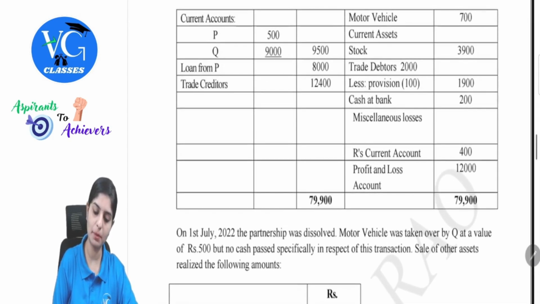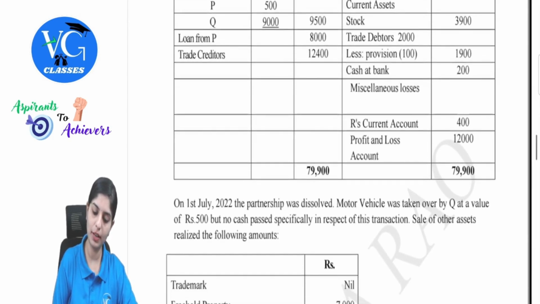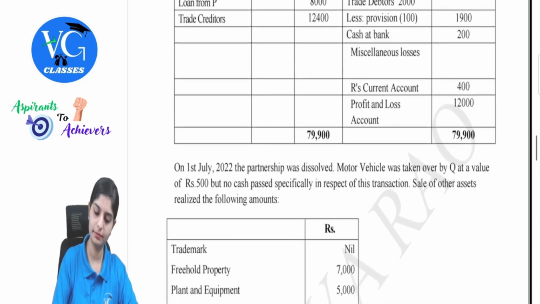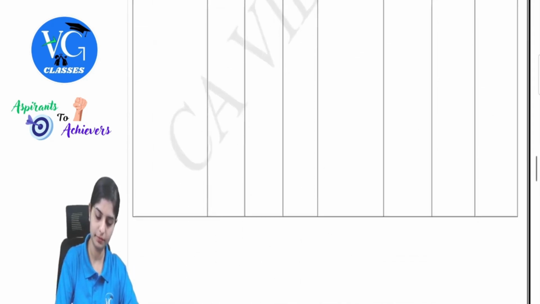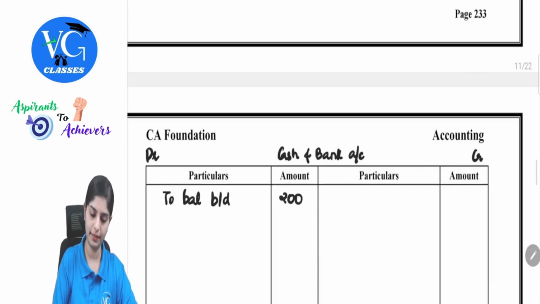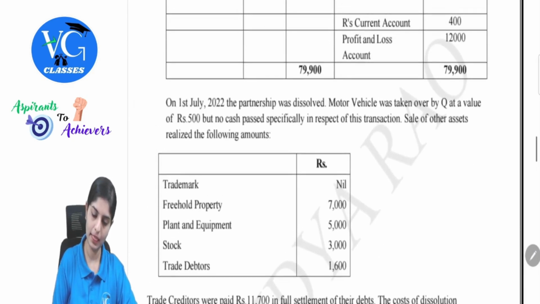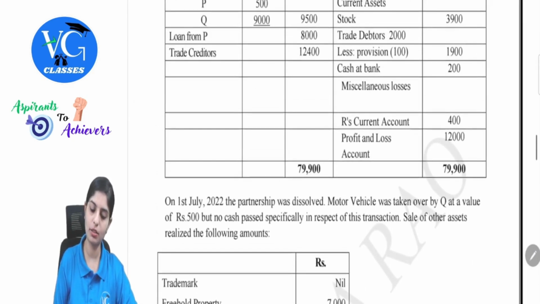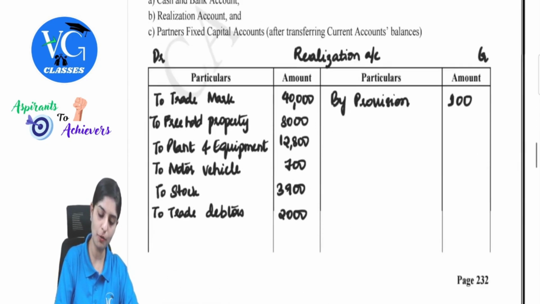Then we have cash at bank 200, to balance brought down 200. Then we have miscellaneous losses. R's current account as a debit balance. To balance brought down 400.